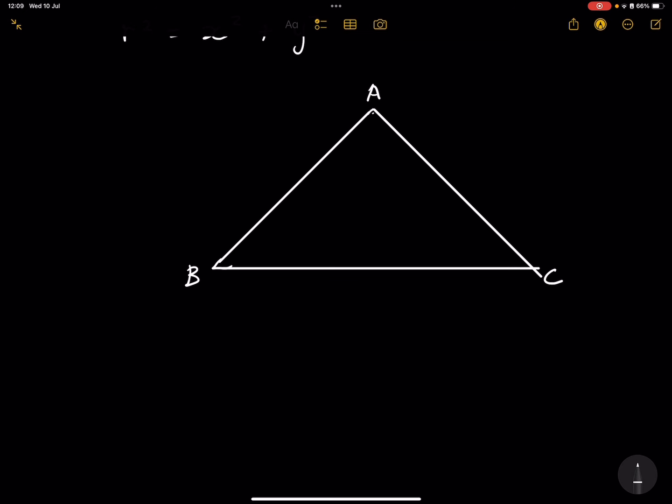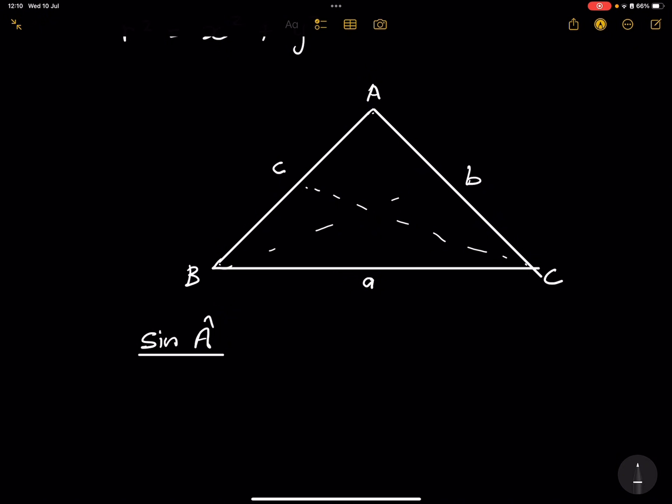Now, the sine rule: let's say the sine of angle A divided by the side opposite A, which we call small a, which is side BC, and we've got the side opposite B, which is small b, which is AC, and we've got the side opposite angle C, which is small c.